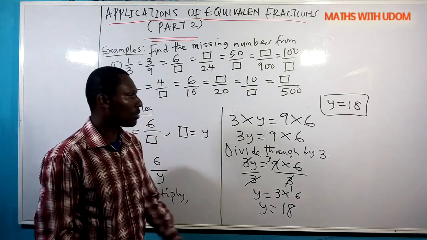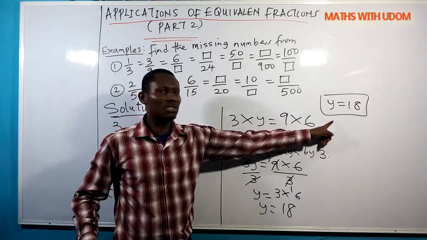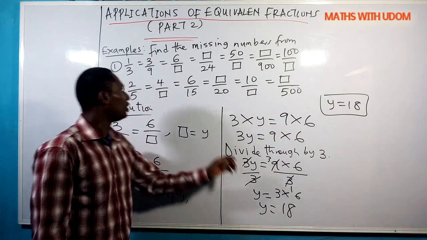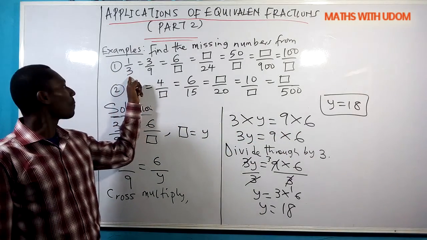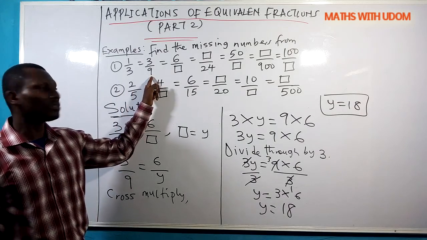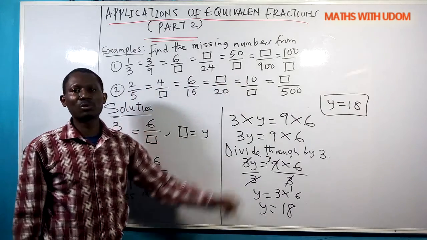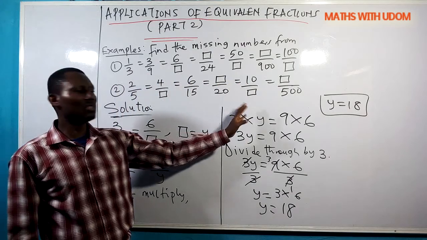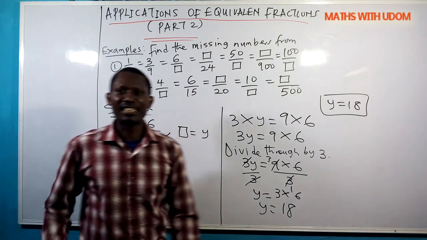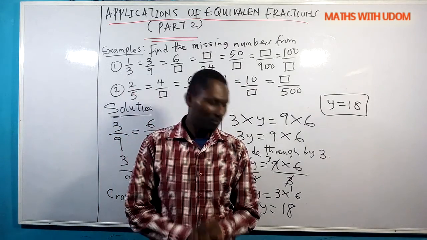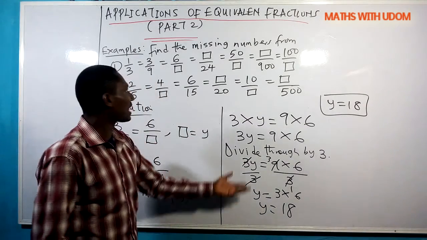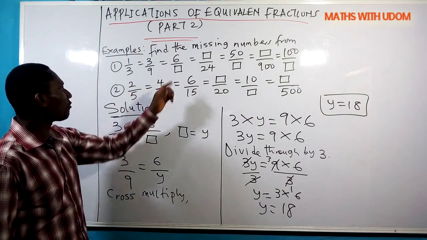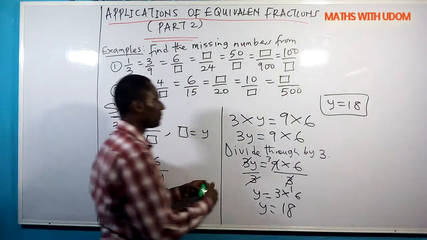You can see we got the same value that we got earlier on. Whether you use the first complete fraction or the second complete fraction to equate with the incomplete fractions, you still arrive at the same answer. Is that okay? Alright. So that is how to do that. So let's move to how we find the value in the second box.